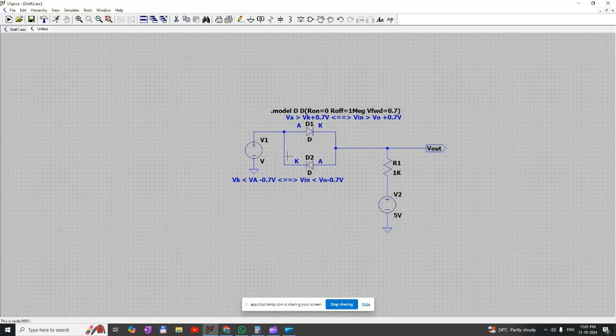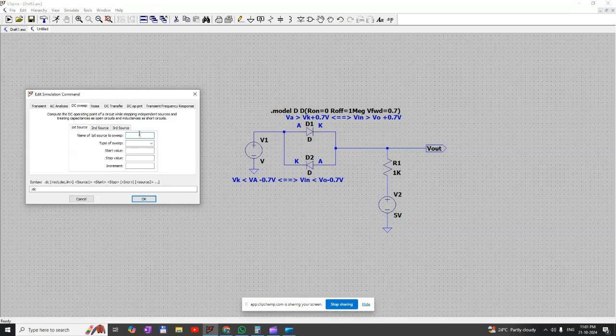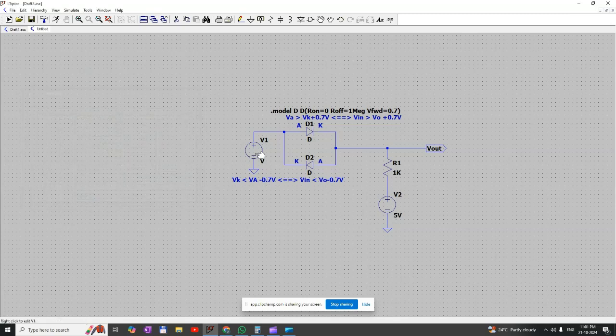So we will study this circuit, how the diodes will behave, and here I am going to apply a DC sweep voltage. Here V1 is applied at 10 volt.